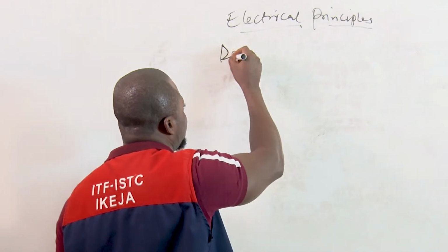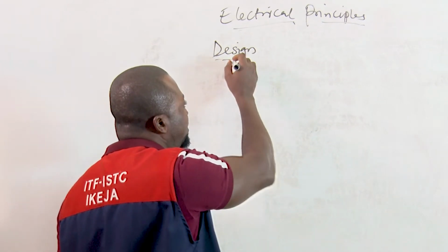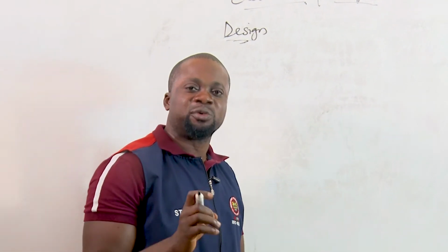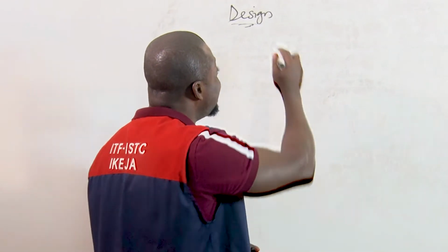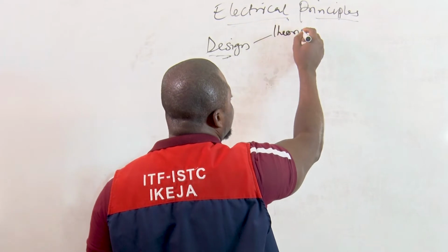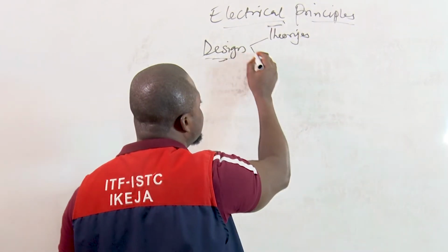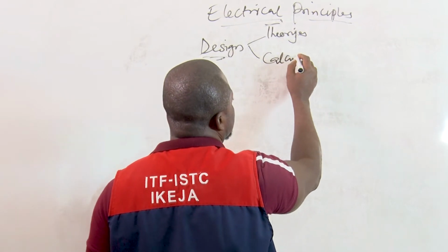there's what we refer to as design. In designing, before you can carry out electrical work, you have to design. Designing has to do with some basic theory in electrical, and of course, calculation.